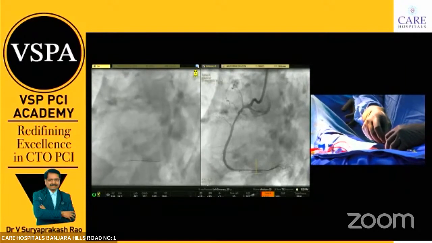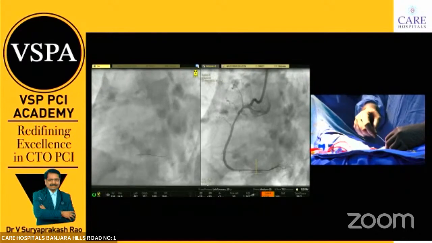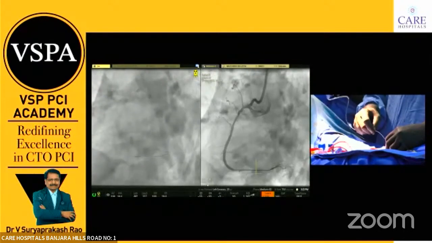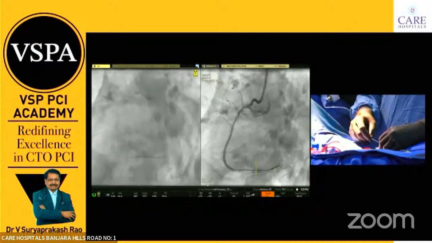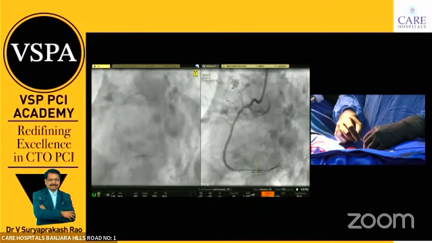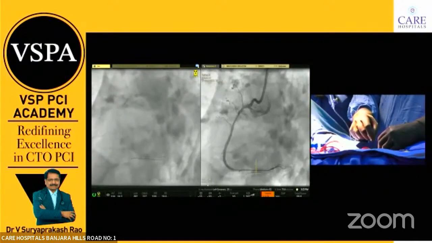If the calcium is all 360 degrees around and deeper also, that's where we prefer IVL balloon. But the only thing is the costly, expensive nature of IVL balloon. It's a bit difficult in CTO, because you use all new material. I never use it, because if it fails, using it here is difficult.